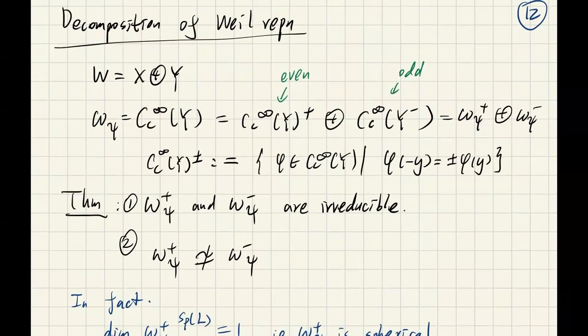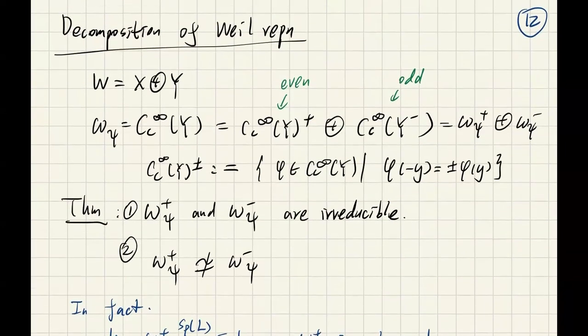The last thing is that we have constructed this Weil representation, but as a representation of the Metaplectic group it is not irreducible. It is reducible; it decomposes into two pieces. How to see it? One way is to realize it on the Schrodinger model, where it is nothing but functions on Y. You can consider the space of even functions and the space of odd functions.